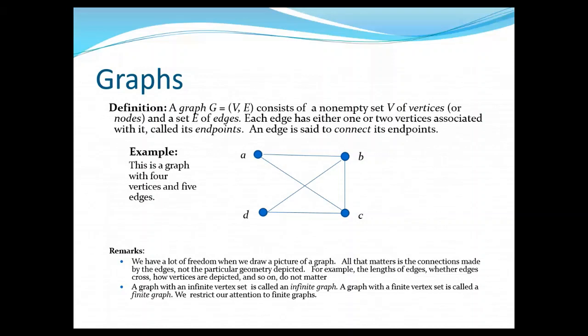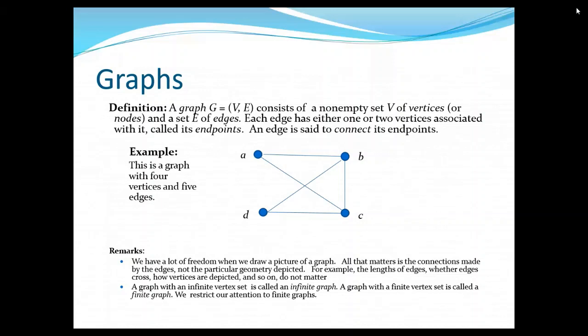Okay, so locations, different locations, or modules if you're going to talk about software. Okay, so how about edges? It's basically the connection between these vertices. So if you're going to relate it to cities, this could be roads that connect our cities. So that will be edges.